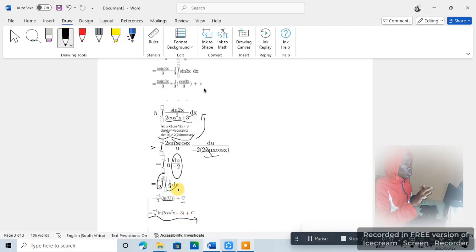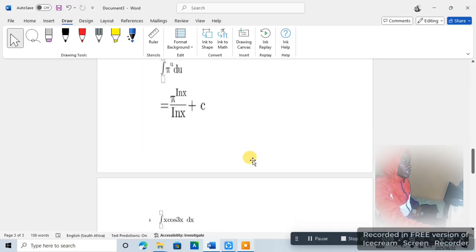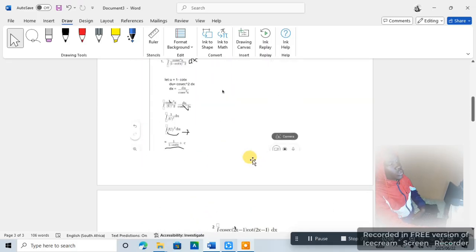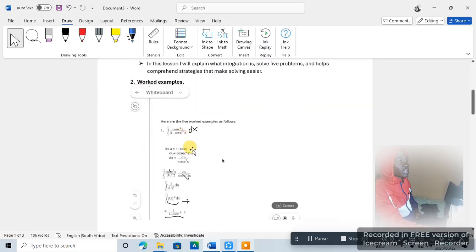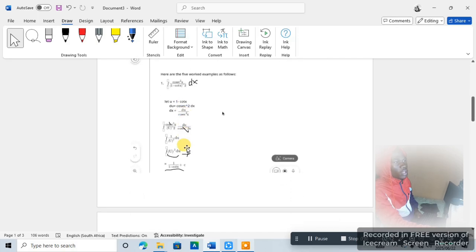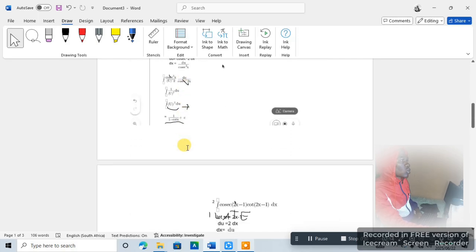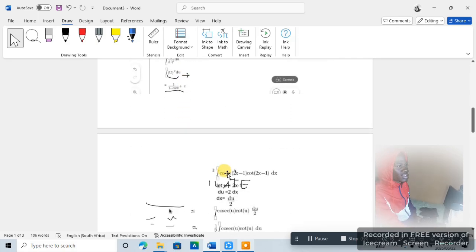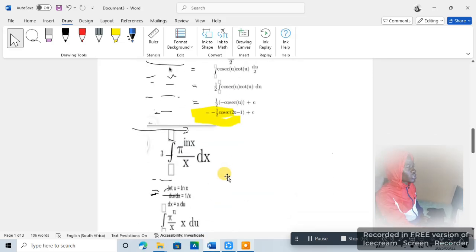So yes, you can see that number 1 was use substitution, simple one. Then number 2, use substitution, simple one.